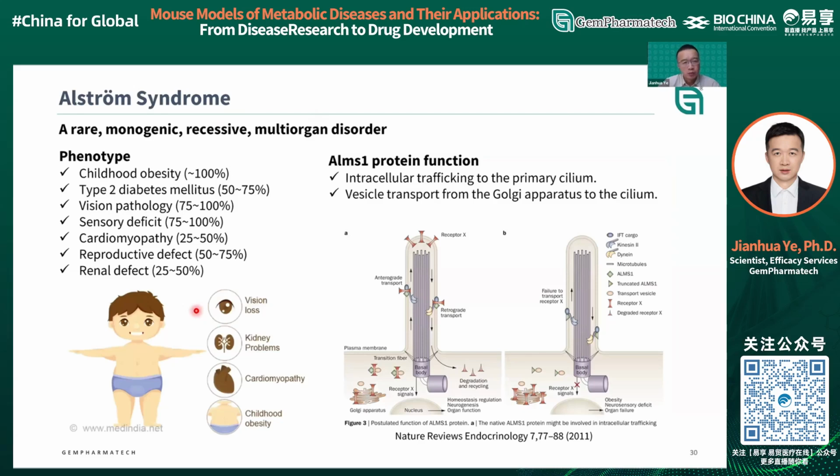So before I move on to the ALMS1 knockout mice, I want to talk a little bit about the Alström syndrome. So the Alström syndrome is a rare monogenic recessive multi-organ disorder. It's caused by the homozygous mutation of the ALMS1 gene.